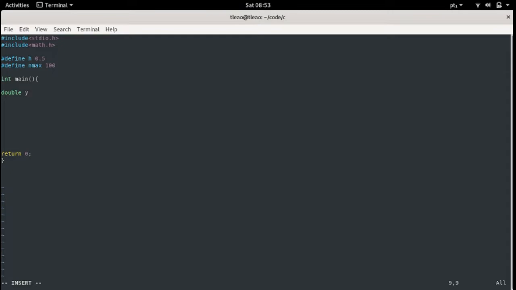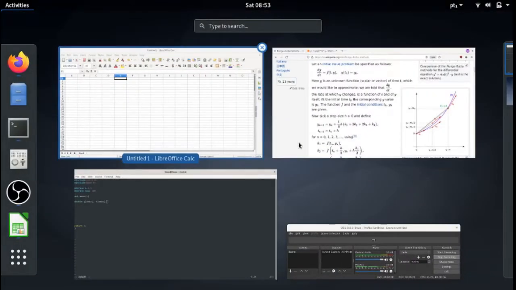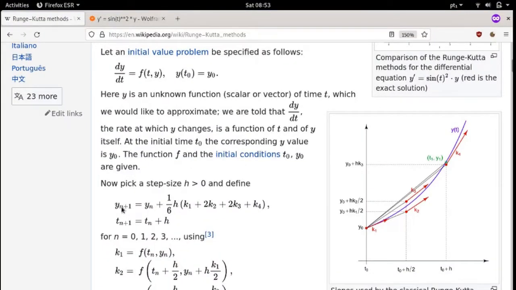Let's call this y. The size of this array would be n max, and the t here would be n max. We need this because, as you can see here on the algorithm, this time here and the y, they're going to be iterated over n. So we're going to need an array to store these values.